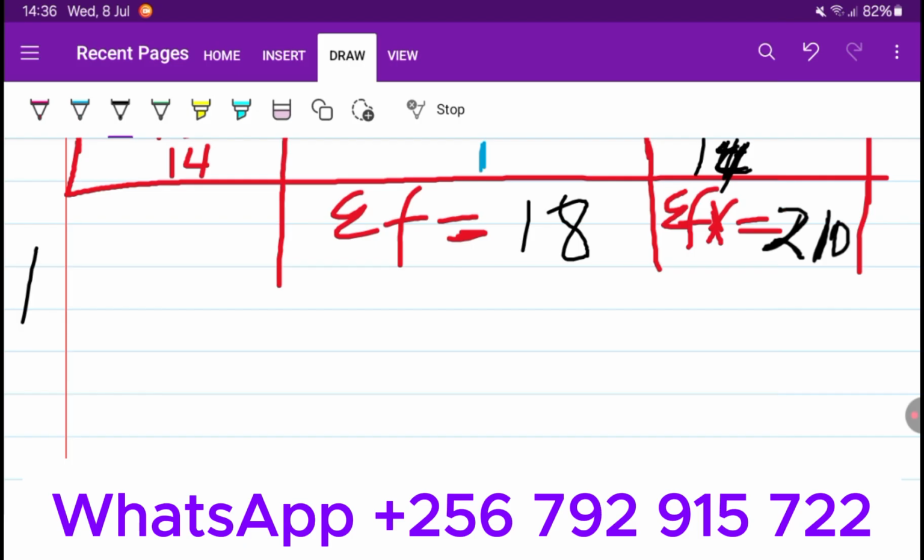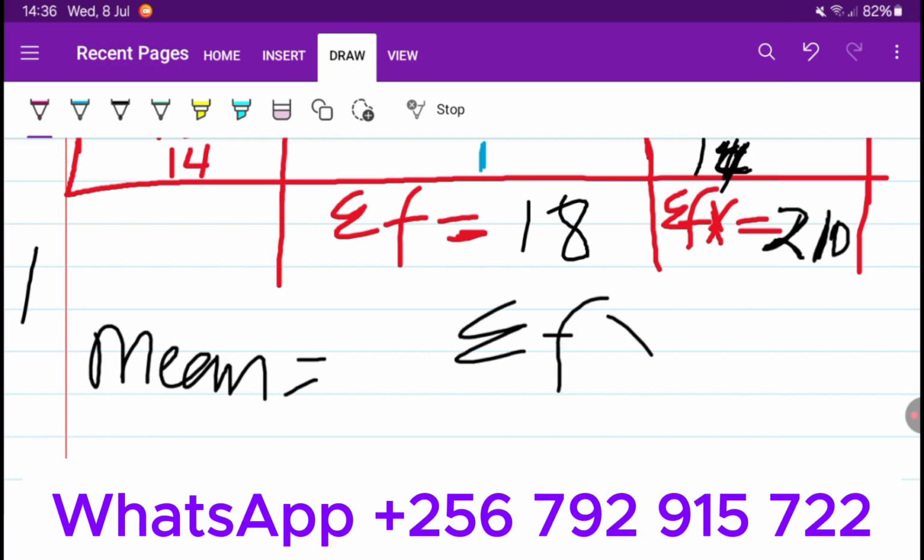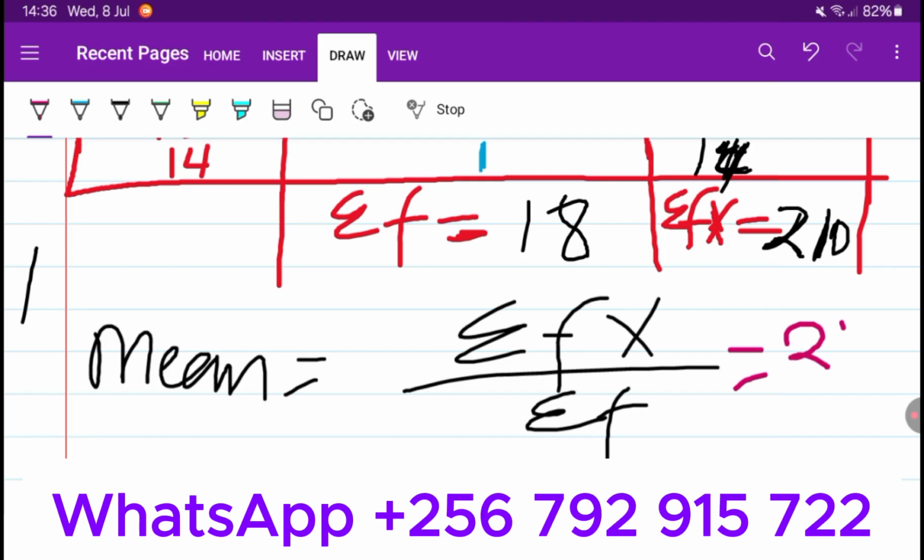So we can now conclude that our mean is summation fx over summation f. The other side we had written the formula, so you just feed in the values: 210 divided by 18.